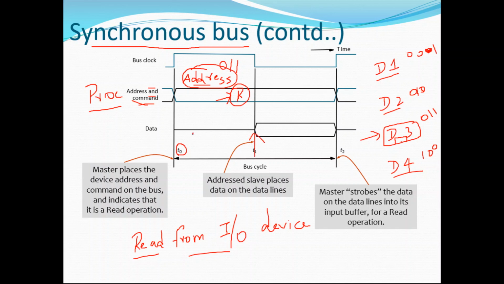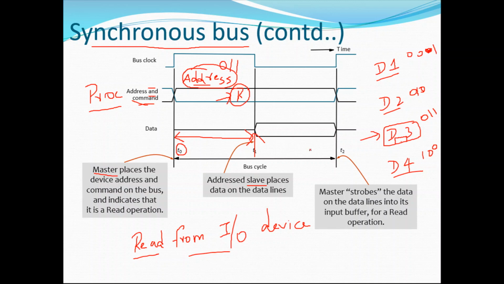So why this much gap? Why is it taking this much gap? During this time, all the IO devices in the computer should check whether this address represents their address or not, and the respective IO device should respond. The IO device is called the slave, and the bus master is called the master.